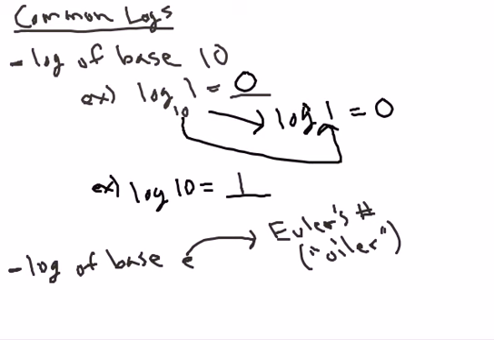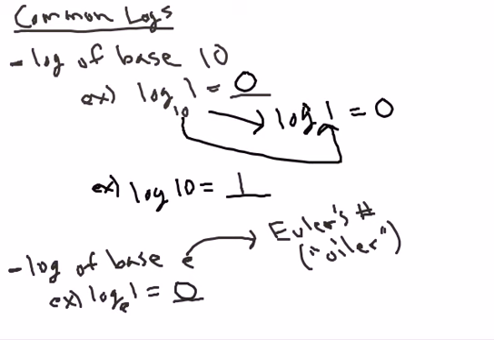So we have log base e, and for example, log base e of, let's say, 1 equals something. So if you want to evaluate this, e to what power equals 1, well, that would also be 0.